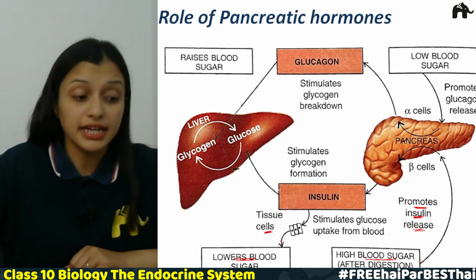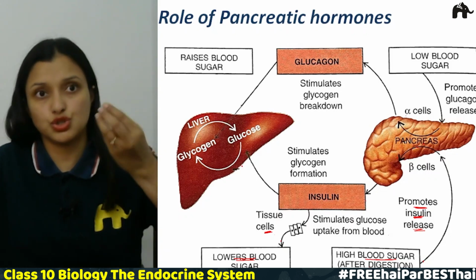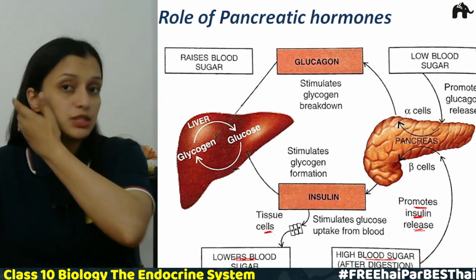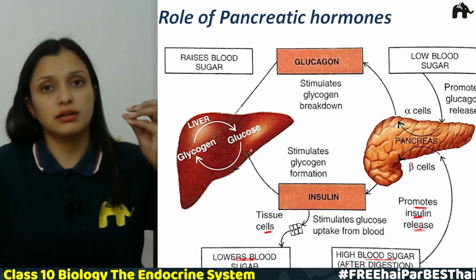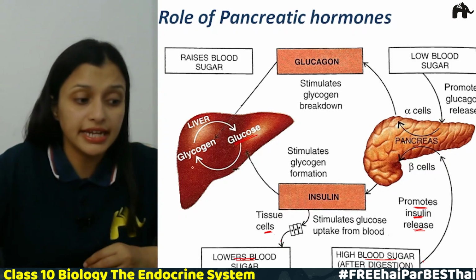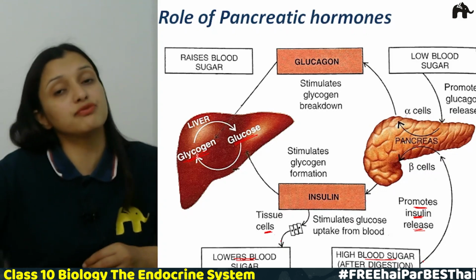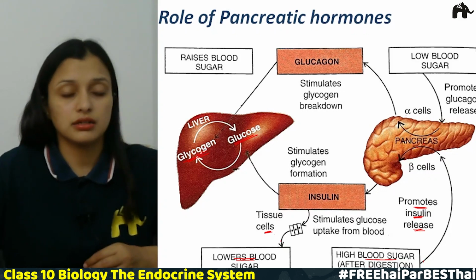Okay, and whenever there is excess sugar in our body which is not metabolized, that particular blood sugar is converted from glucose into glycogen, right? Then it is stored in the liver in the form of glycogen. So this process takes place in our liver.